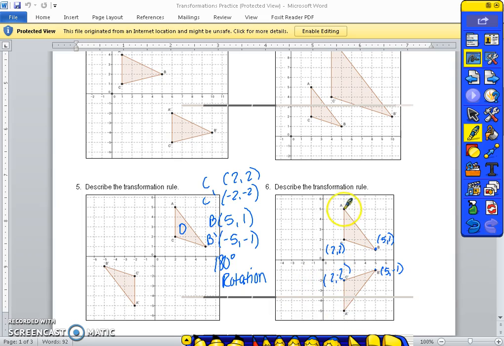And A is 5 above the x-axis. A prime is 5 below the x-axis. So this is definitely our y is the only thing that's changing. We're just taking the opposite of it. So this is a reflection across the x-axis, because that's the axis that comes in between these two images.